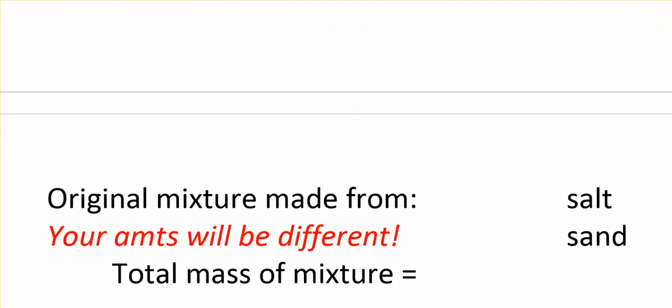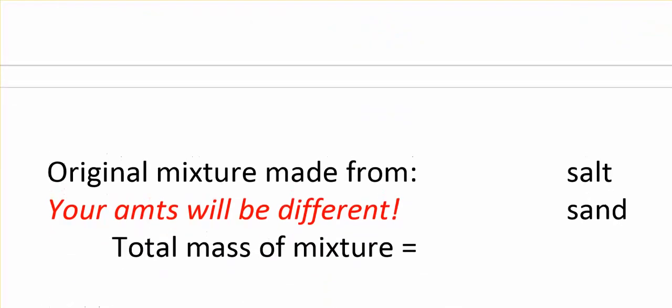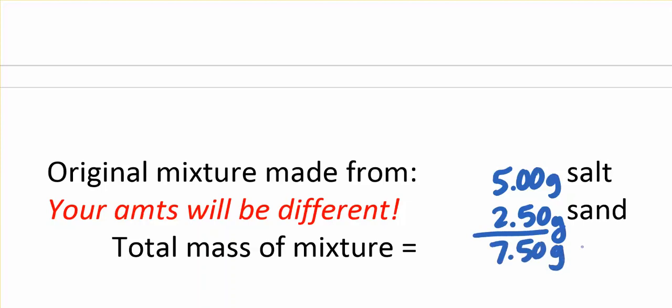Let's look at a calculation, because what we're going to do is look at how we made our mixture and then see how much of it we get back. See how much of our sand we get back and how much of our salt we get back. So this is an example calculation. Let's just say we started with 5.00 grams of salt. Your numbers will be different. And 2.50 grams of sand. That gives us a total mixture of 7.50.